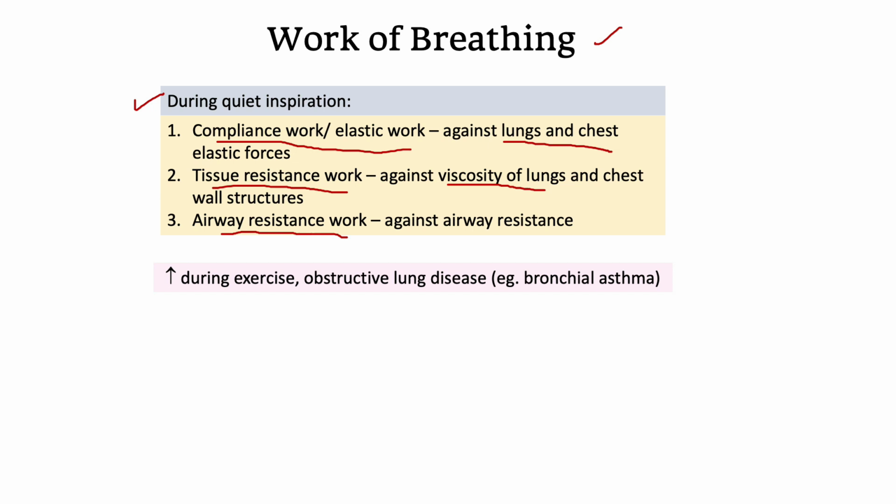This is the work that the lungs have to overcome against the resistance of the airway. Okay, so again, work of breathing is increased during exercise, and during any disease that will obstruct the lung, such as bronchial asthma, because we need to work more to be able to breathe in this condition. So the work of breathing is increased.